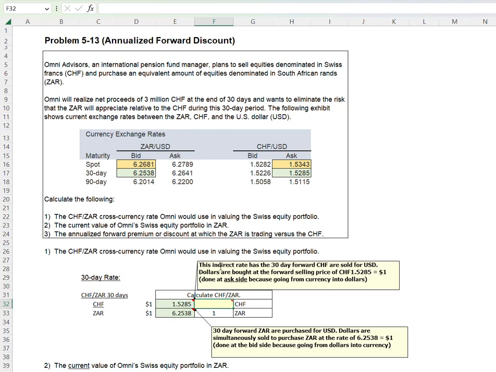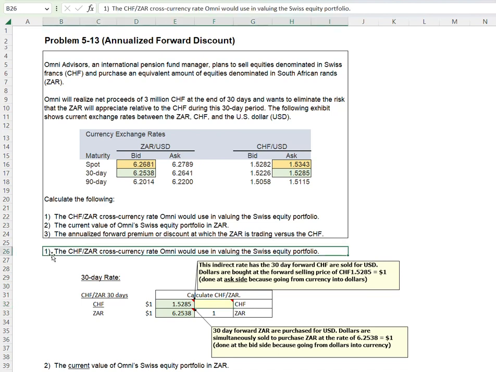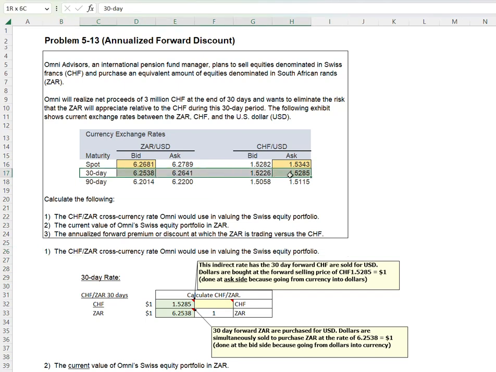First thing we want to do is calculate the Swiss franc South African rand cross-currency rate that Omni will use in valuing its Swiss equity portfolio in 30 days. We're going to use, of course, the 30-day rates, which are shaded in green.